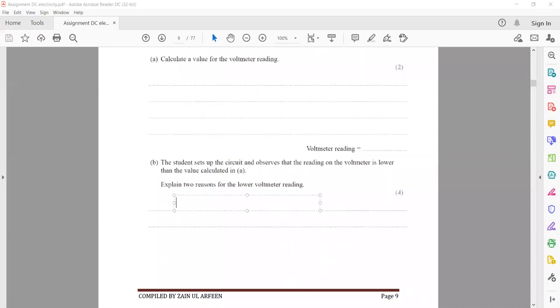Number one is the resistance of the connection wire. And what will be the effect of this resistance of the connection wire?